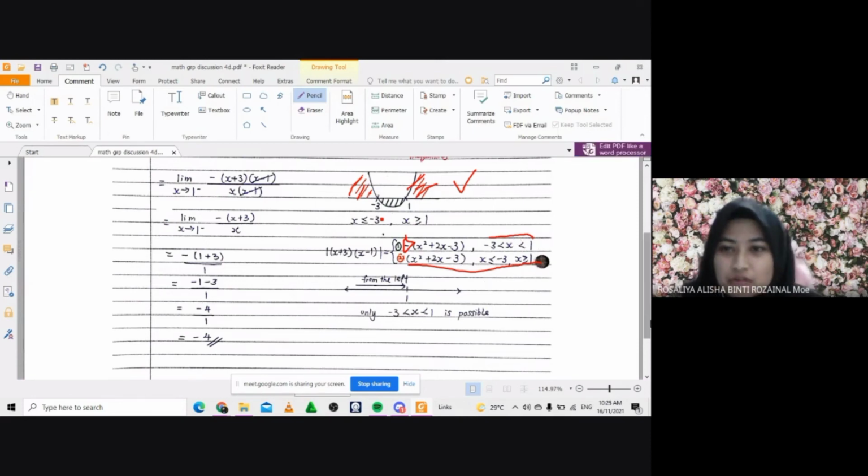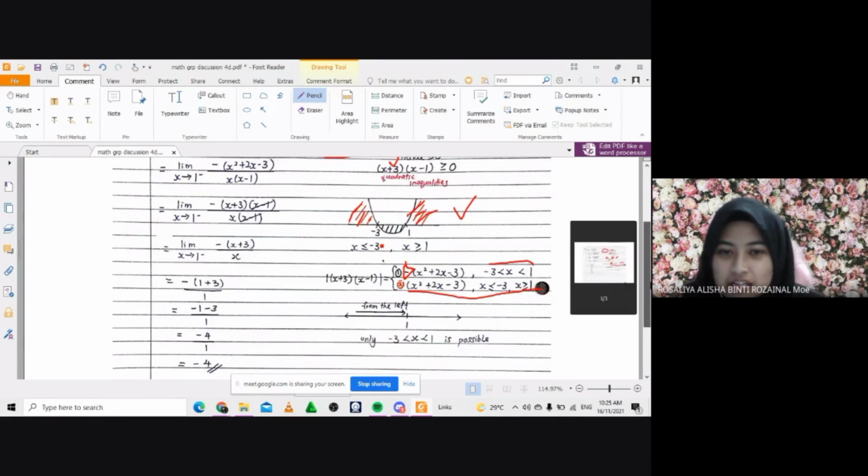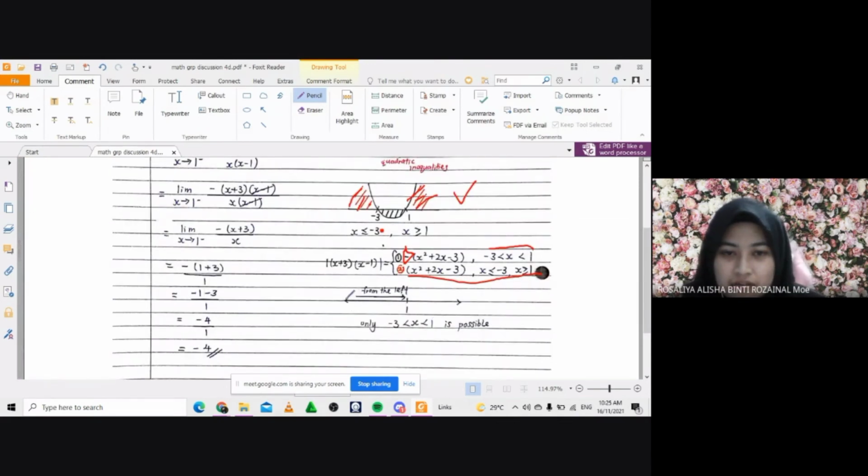Okay, so from the question, 1 is approaching from the left because there is a negative sign. So for me personally, I will draw this number line and I put a 1 here, and I draw an arrow to indicate it is from the left.